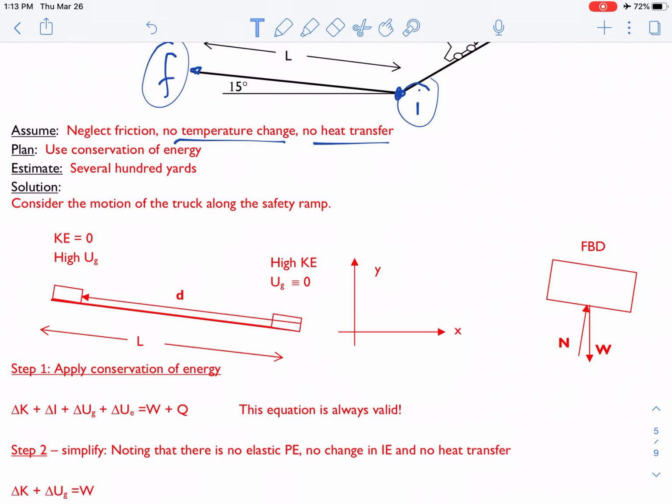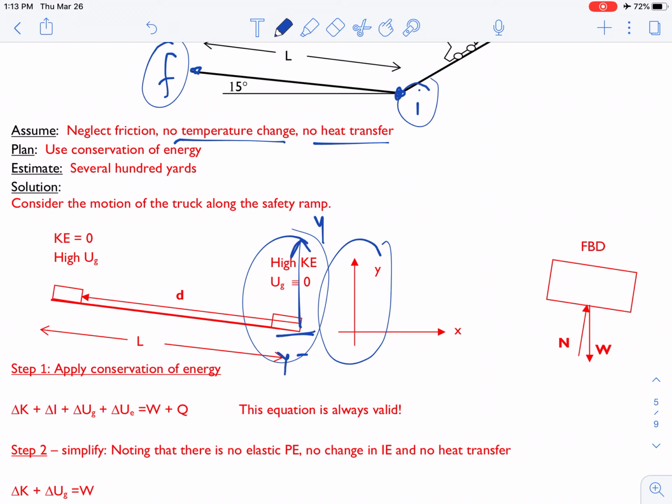So considering those 2 points, initially we are here, has a high speed, and we are going to set this point, as you can see here, upward to be y. You should always do that for potential, so you don't really have a choice on this. You have to say this is y, and you can choose where you want to put the 0.